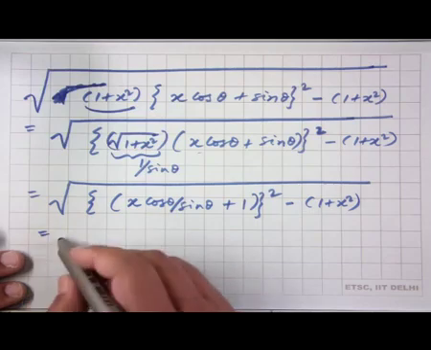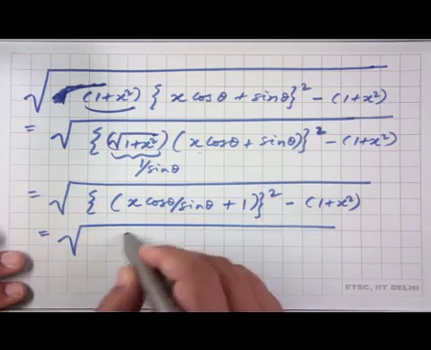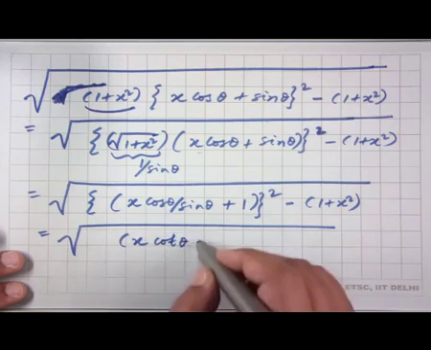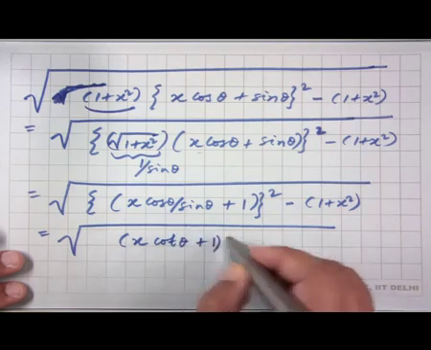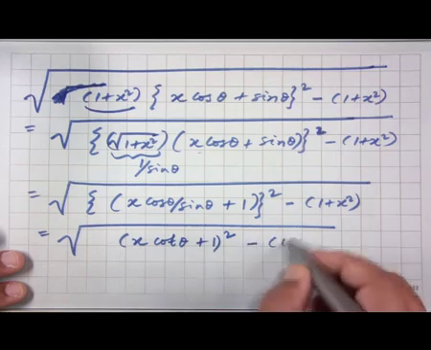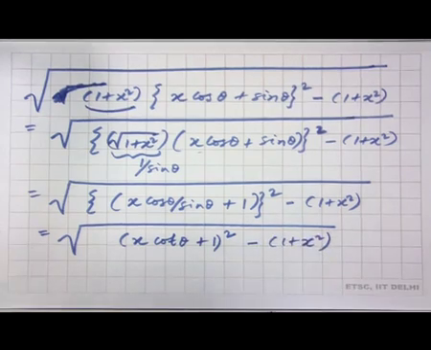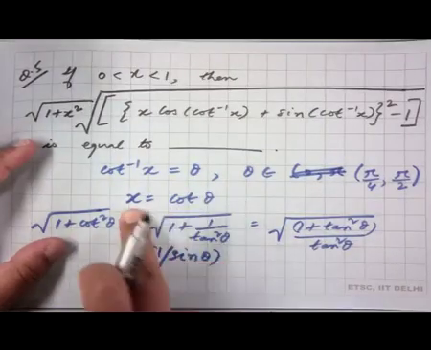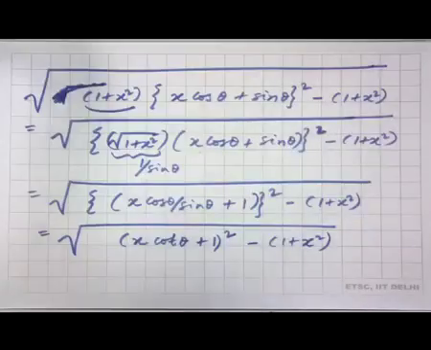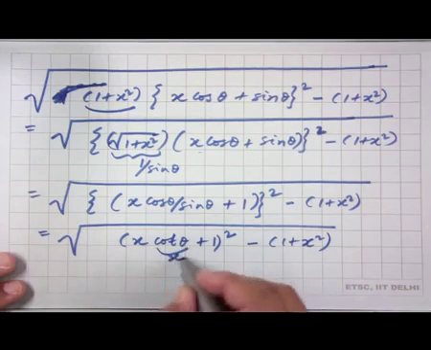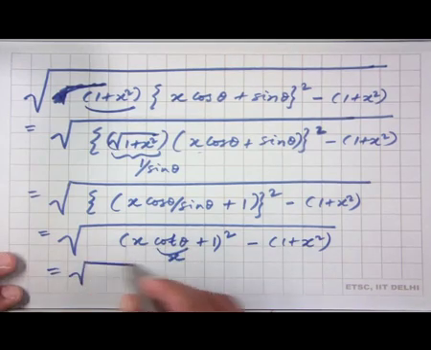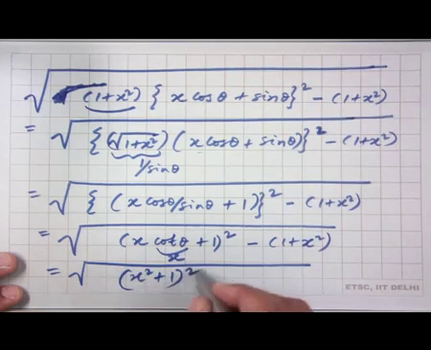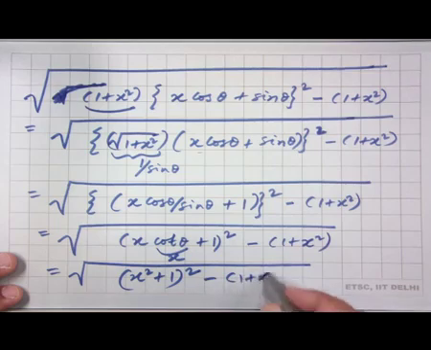So, eventually we have root of x into cot theta plus 1 the whole square minus 1 plus x square. But we know that cot theta is in fact equal to x. So, we replace this by x, and then we finally get the square root of x square plus 1 the whole square minus 1 plus x square.